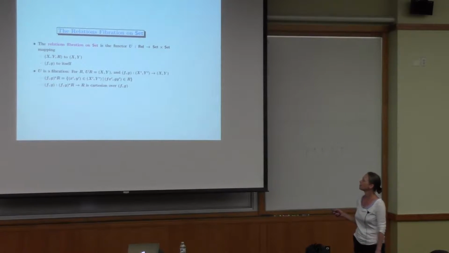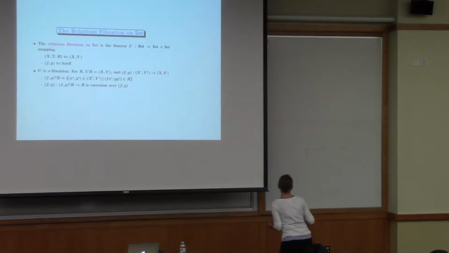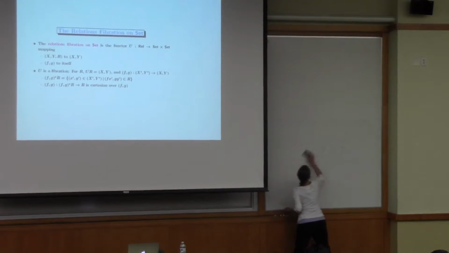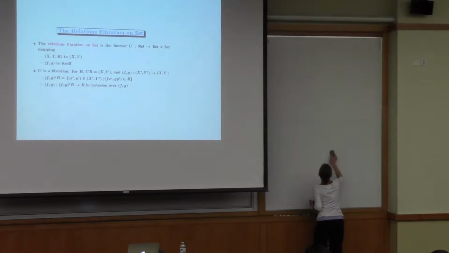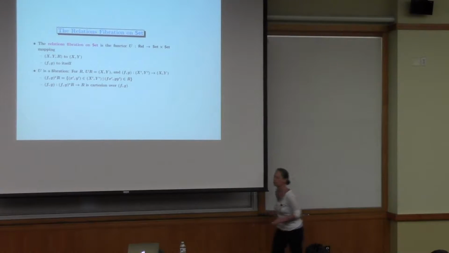I'll try and say a little bit. So what do? First, I erase the p's. Then I'm going to write a new p. Actually, I'm going to write it as R. So what do?